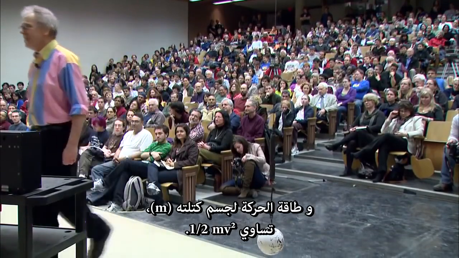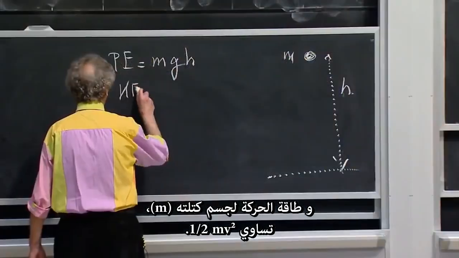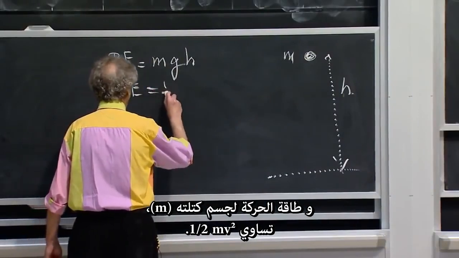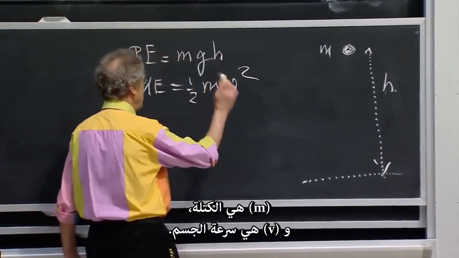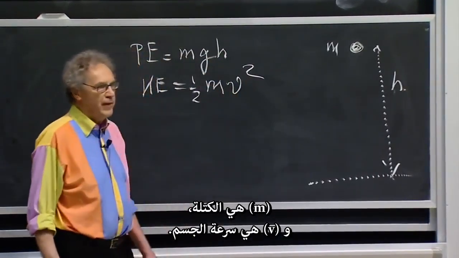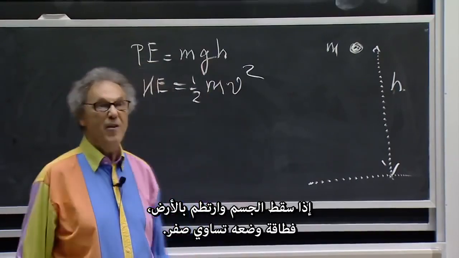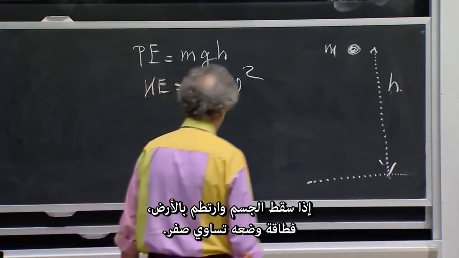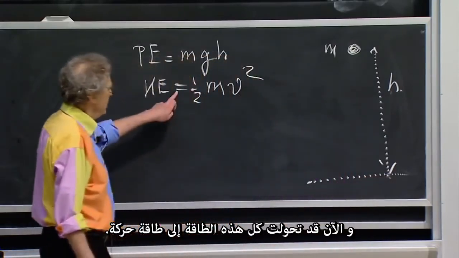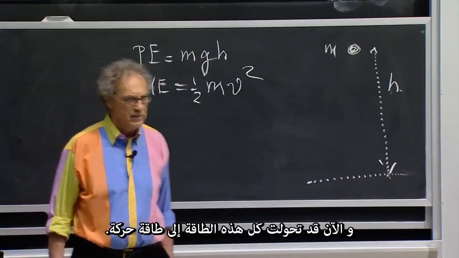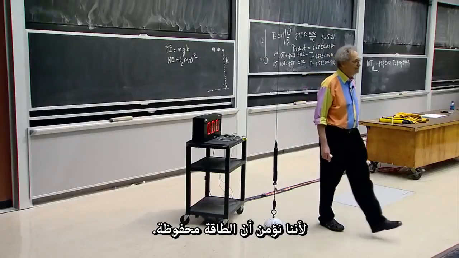And the kinetic energy of an object with mass m is 1/2 mv squared. m is the mass, and v is the speed of that object. If the object goes down and it hits the floor, then the potential energy is 0, and all that energy is now converted to kinetic energy. Because energy, we believe, is conserved.